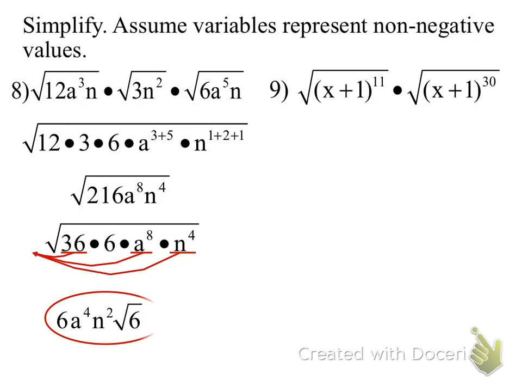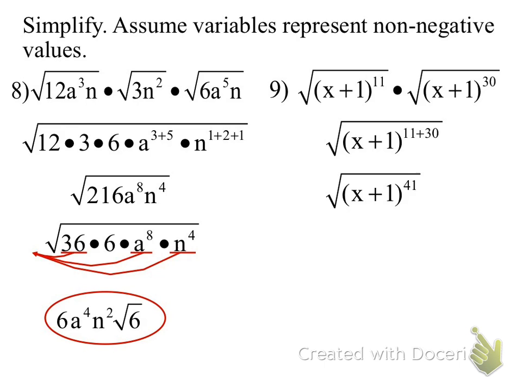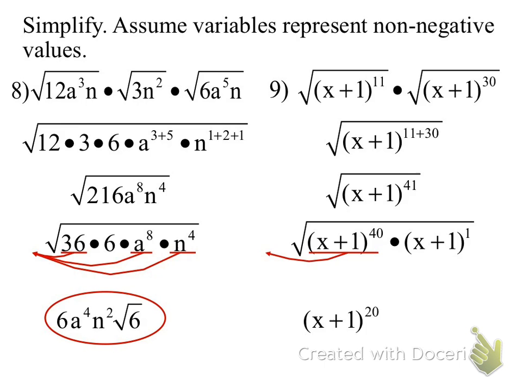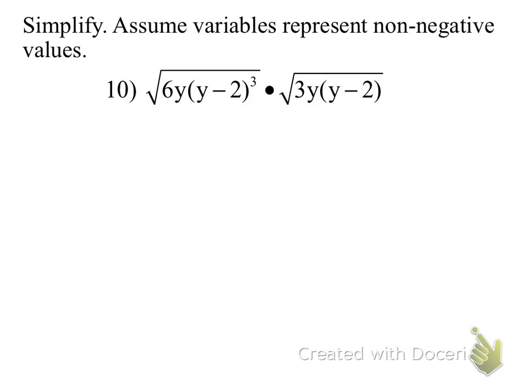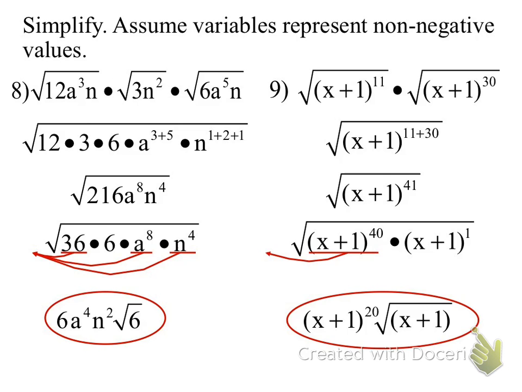And then you break that down: the quantity of x plus 1 to the 40th times the quantity of x plus 1. Closest even number. And what's the square root of x plus 1 to the 40th? The quantity of x plus 1 to the 20th. And radical x plus 1 to the first stays inside. All right? So this is 11, what did we say, 11-4? Yeah, 11-4.